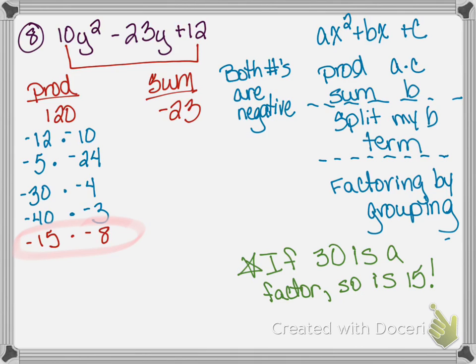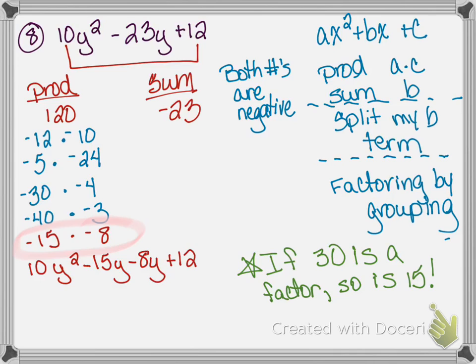Okay, so now what I'm going to do is split my B term. So I have 10y squared minus 15y minus 8y plus 12.